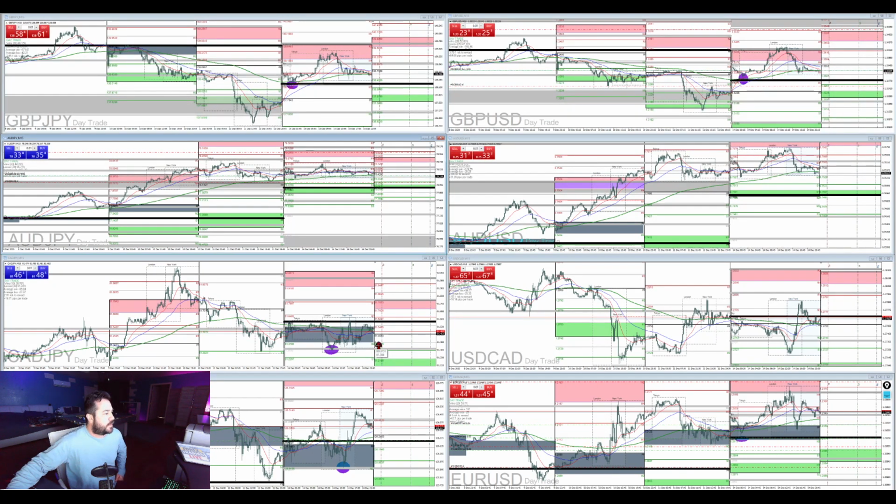And we're worried about the CAD yen, that box going lower, so we're going to see about that. Still got a few more minutes. In fact, I still have that pending order for the euro yen right here.